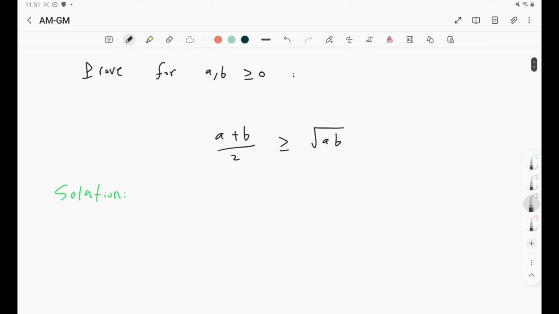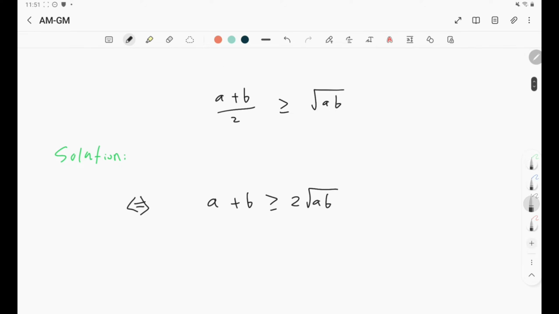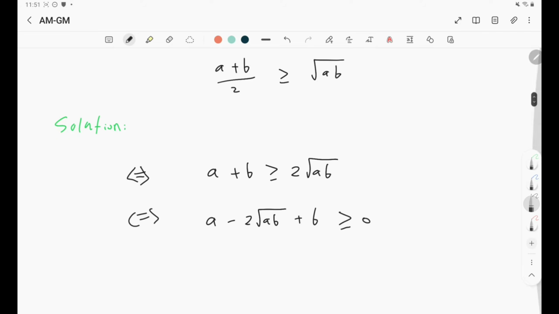Well, first of all, let's simply multiply both sides by 2. So our inequality is a + b is greater than or equal to 2 root ab. And of course, if we move stuff to the left-hand side, this is the same as this. And if you look at this, it should remind you of something nice.